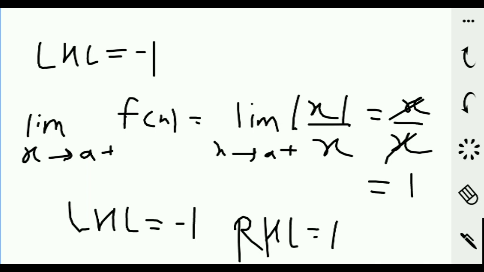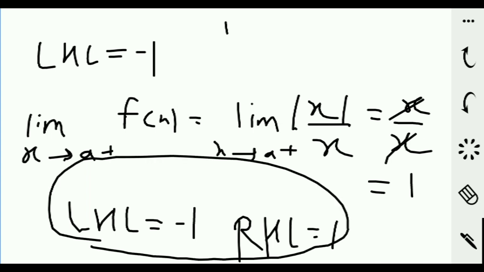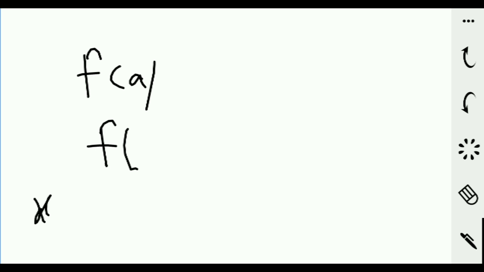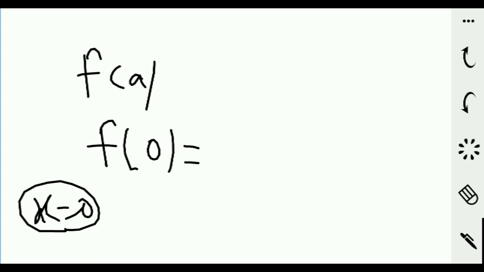So these are not equal, so we can say that the limit x tending towards 0 of f of x does not exist, because the left hand limit is not equal to the right hand limit. But what is f of a? Here we are checking continuity at the point x is equal to 0, so this means f of 0, which is already given in the question: f of 0 is 1.